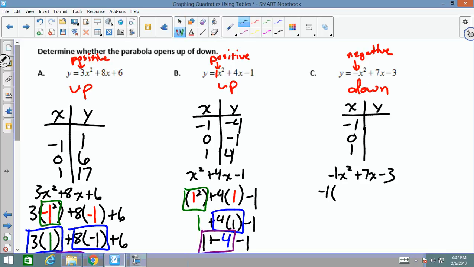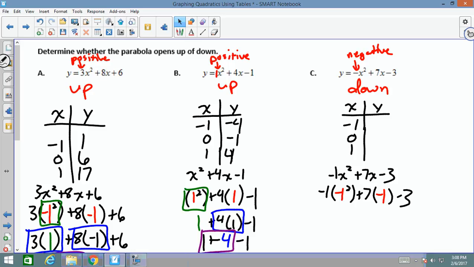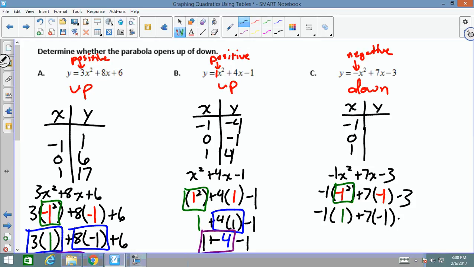Okay, so it's going to be negative 1 times our x, which is negative 1 squared, plus 7 times our x again, which is negative 1, minus 3. Okay, always do the exponent first. Negative 1 squared is 1. So it's negative 1 times 1 plus 7 times negative 1 minus 3. Then do each multiplication.